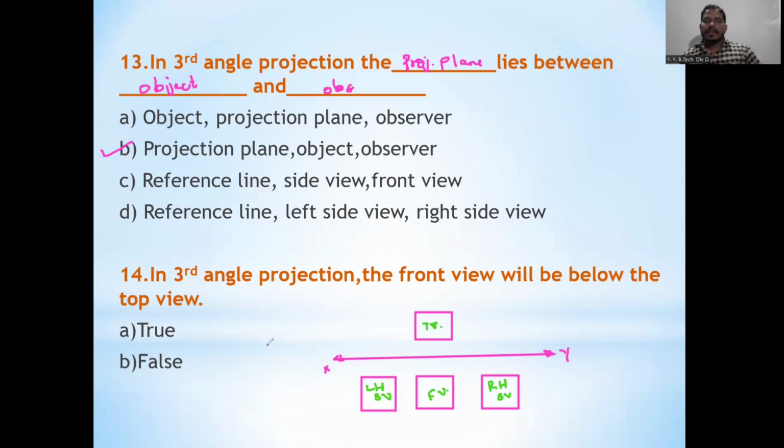In the third angle method of projection, the top view comes above the front view, the right hand side view will definitely be on the right hand side of the object, and the left hand side view will be on the left hand side of the front view. These things we must remember, or we must understand. Now we'll come to our MCQ: in third angle method of projection, the front view will be below the top view.